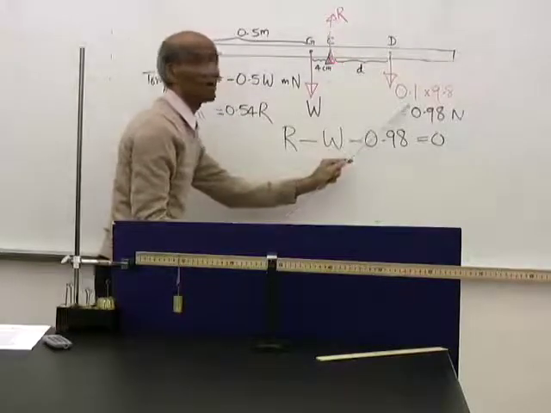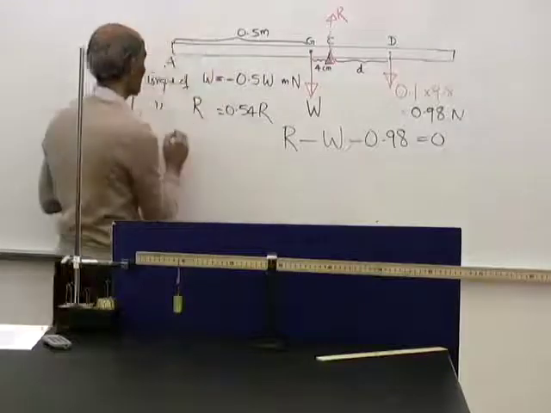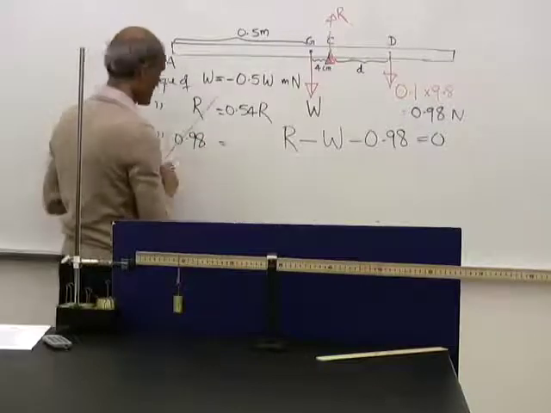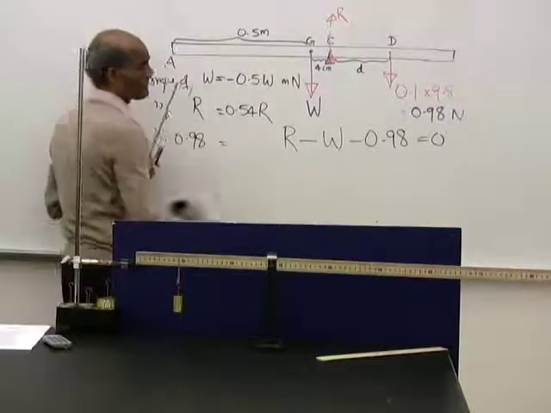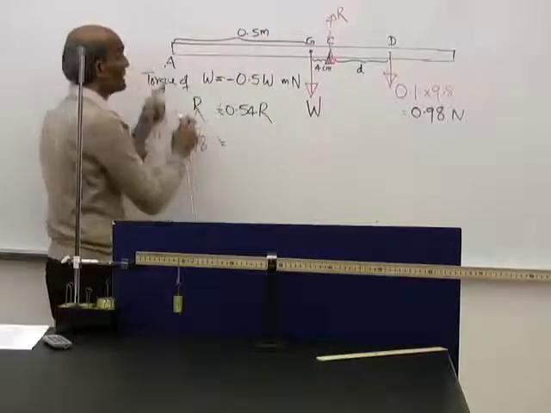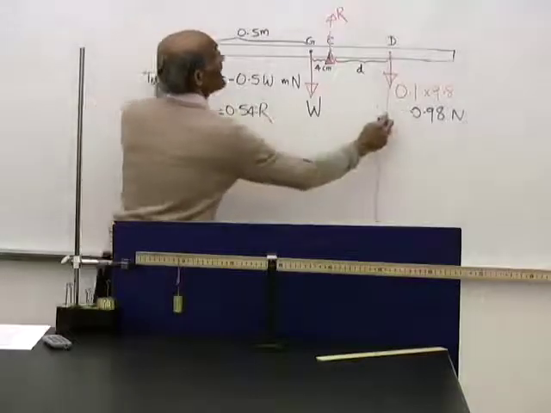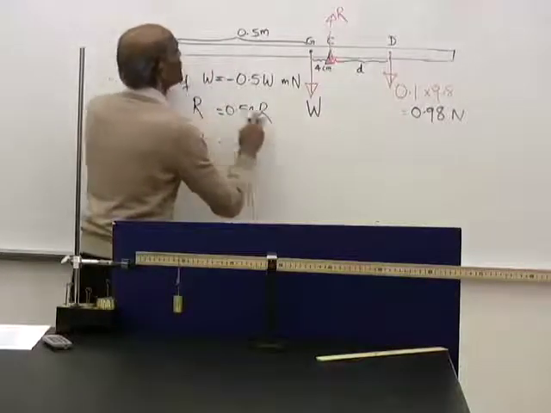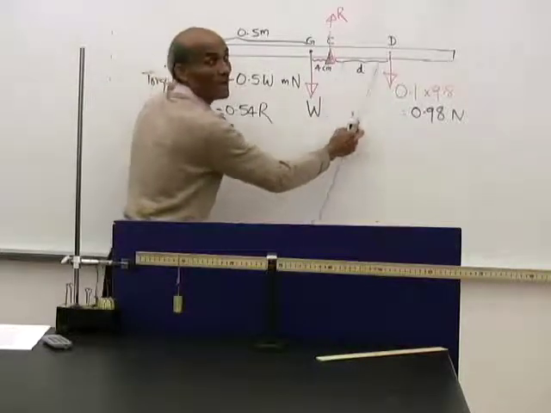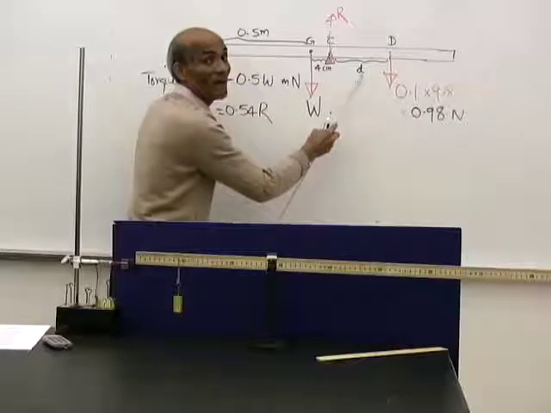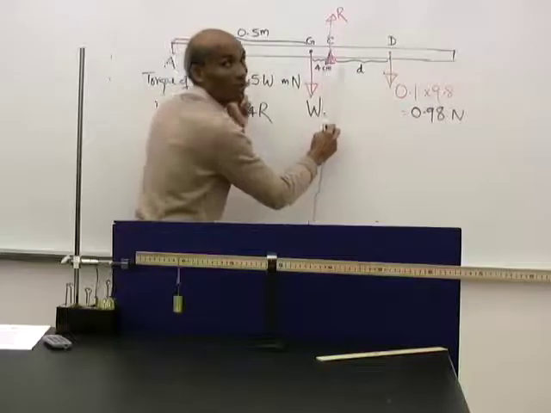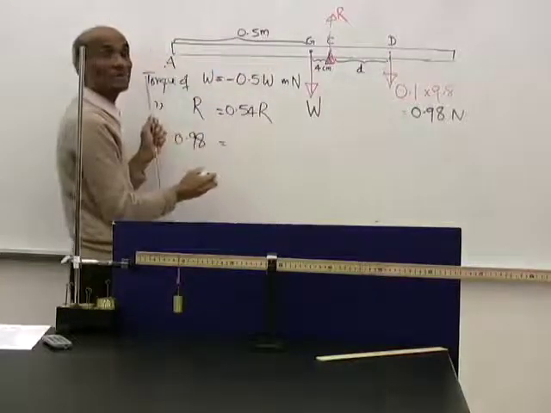Alright, let's now find the torque of this 0.98 Newton. The torque of 0.98 Newton will be, the distance of that force is 50 centimeter plus 4 centimeter, that is 54, plus D. Only you know that value, I don't know. So add all those, 50 plus 4 plus D, and write that in meter.